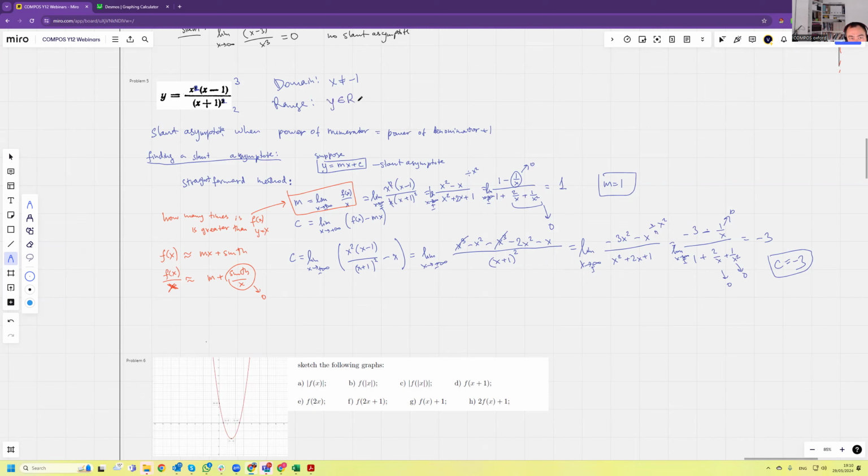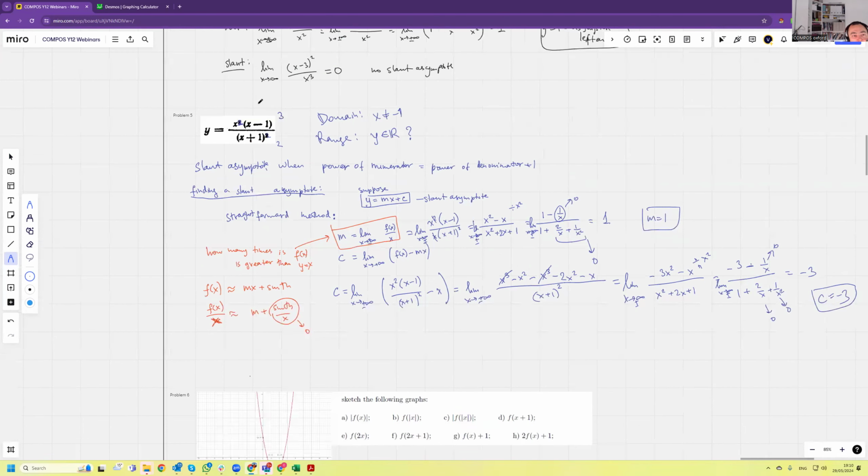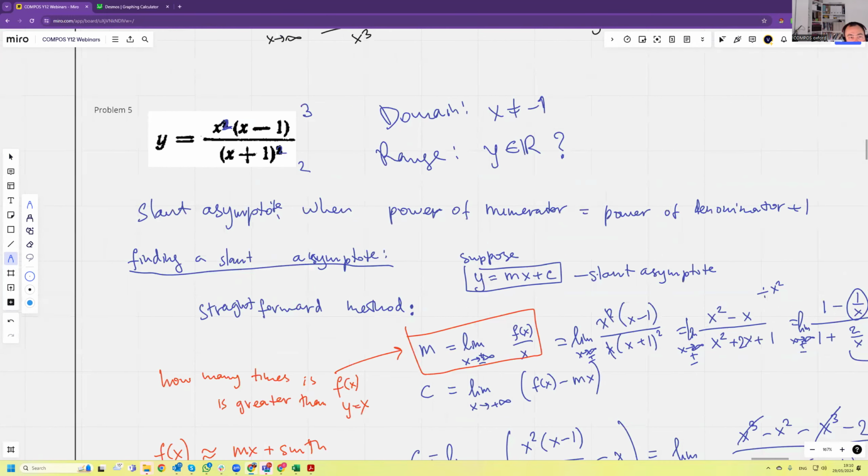Y is any real number, but I'll put a question mark because I'm not 100% sure. I'm not satisfied with this. What do I see? It's x squared over x minus 1, so you can't have minus 1. But then this is positive, and this could be positive or negative. So theoretically, it could be anything.